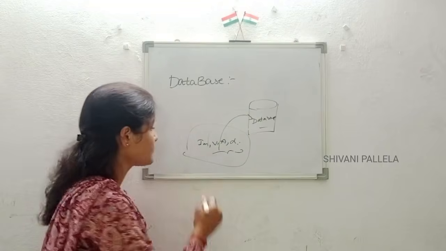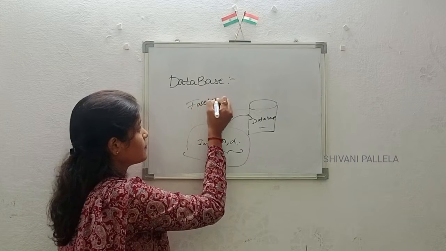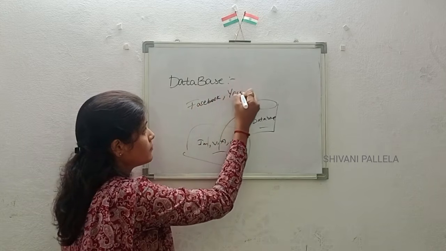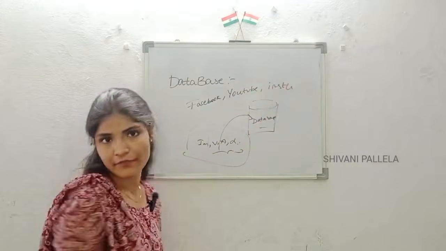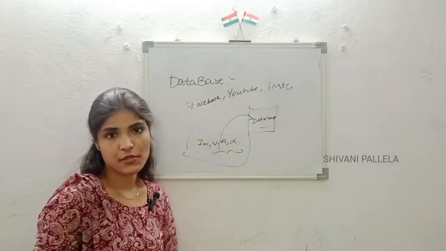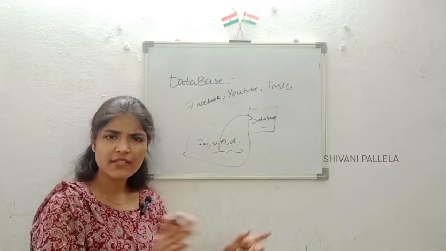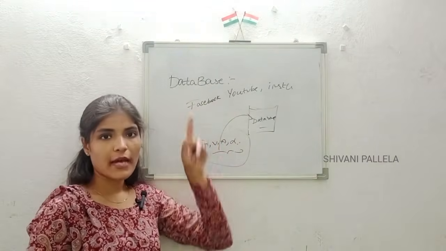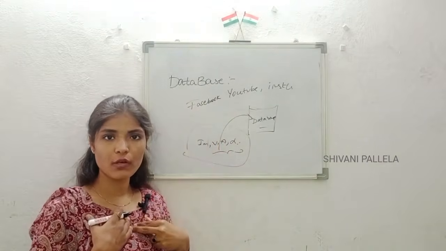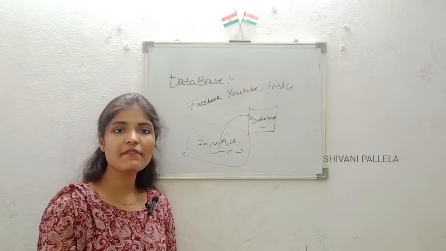For example, Facebook, YouTube, your favorite Instagram. These are all social media apps, Byju's, Zoom, whatever apps they may be. If you open Facebook, suppose I am the Facebook company owner. If all of you register with your number, where will I store it?